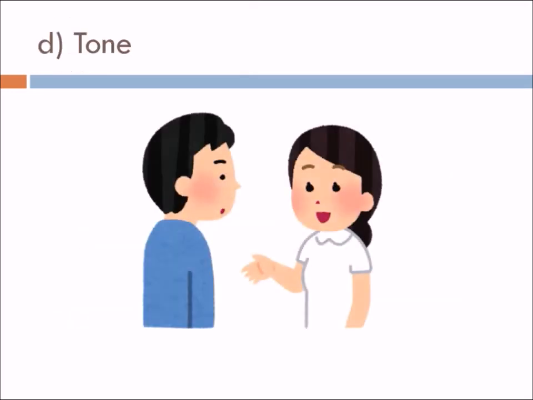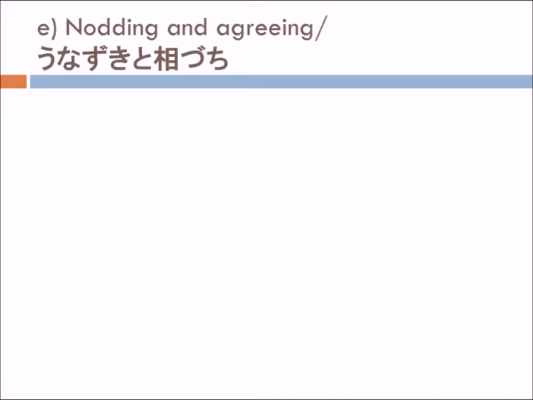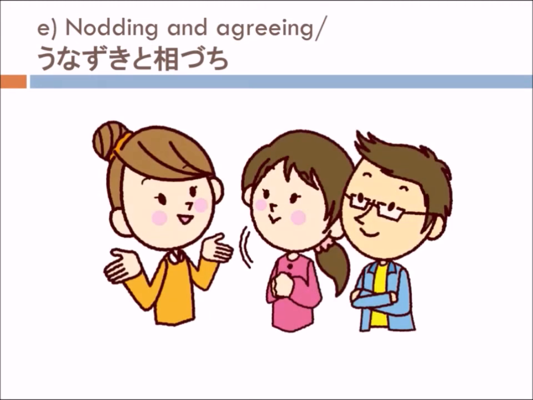Tone. Talk to the user in a slow, soft tone of voice, pausing appropriately in between. Nodding and agreeing. Moving the head up and down to nod and agree with the user, saying, I quite agree, will show the attitude of listening carefully to what the user said.